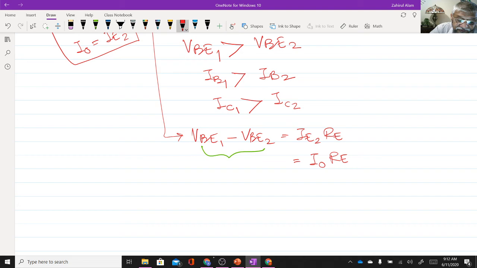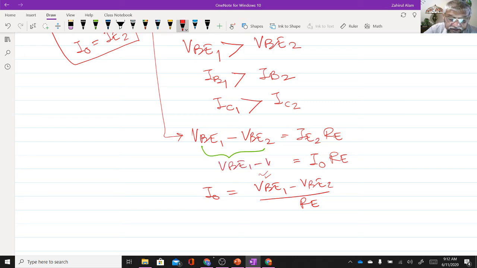So now we can find what is the value of I0, which is VBE1 minus VBE2 divided by RE. But if we know VBE1, we don't know what is the value of VBE2. So this is one relation.